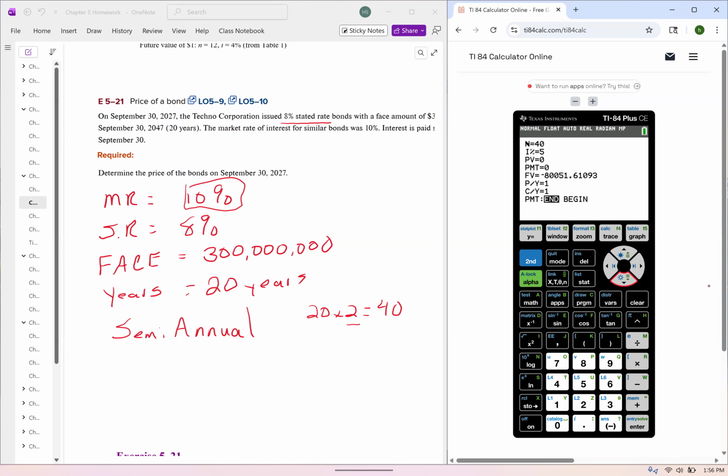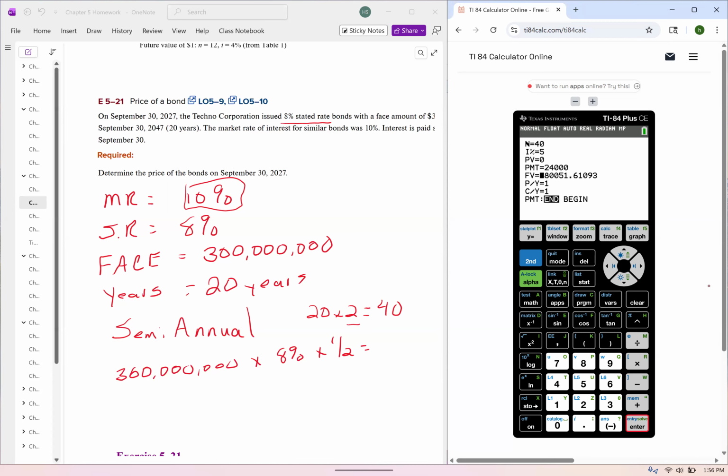What's our payment going to be? Every single interest payment that is paid every 6 months will be the 300 million multiplied times the stated rate, and then that will be cut in half. So I'm going to multiply times 1/2. I could do all of that in that calculation for payment. So we could do 300 million multiplied times 0.08. We did have to do the 0.08 there.